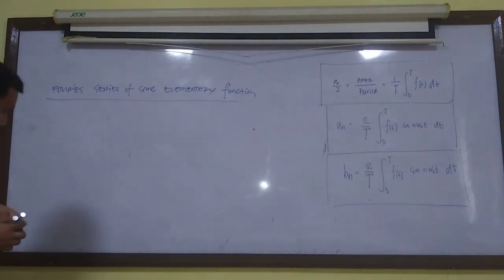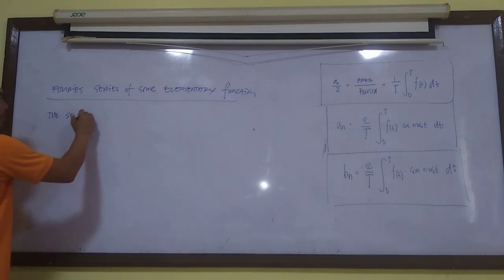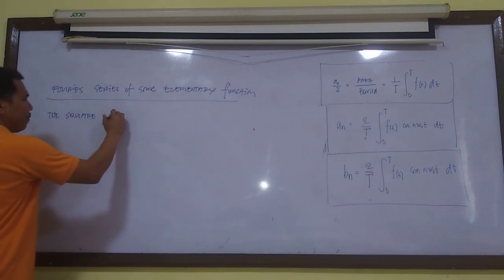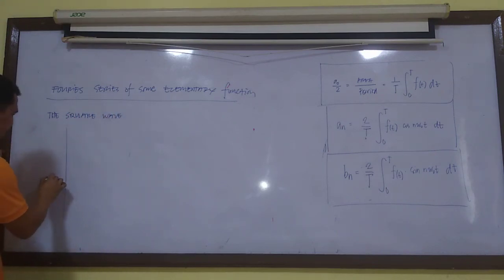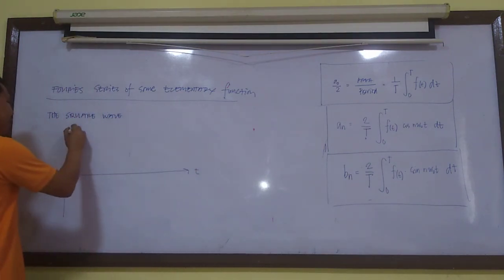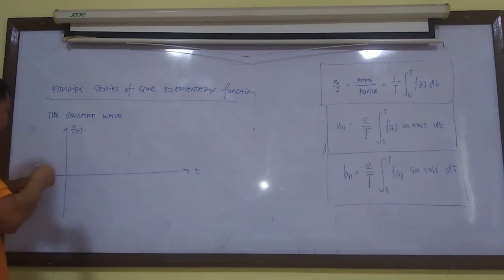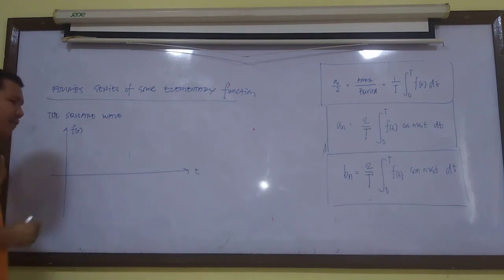Okay, let's start with the square wave. Okay, this is your square wave. Let's label that as T and f(t). And I will label this as my square wave.